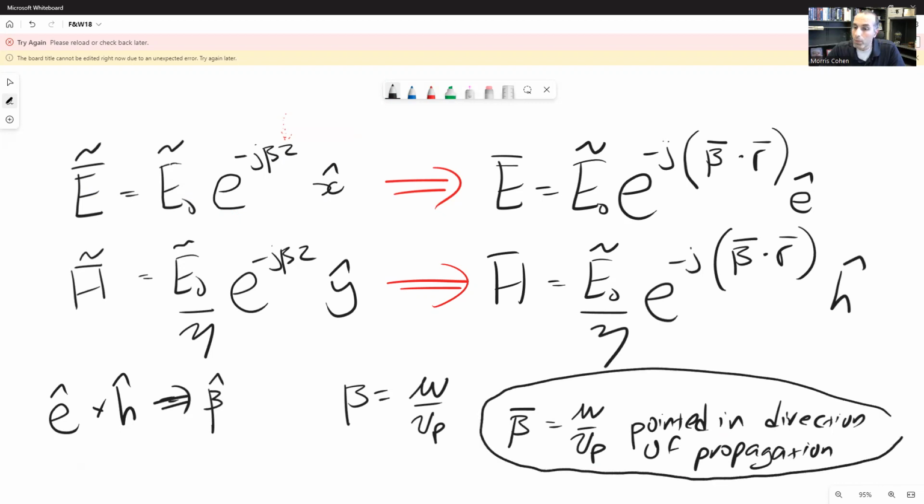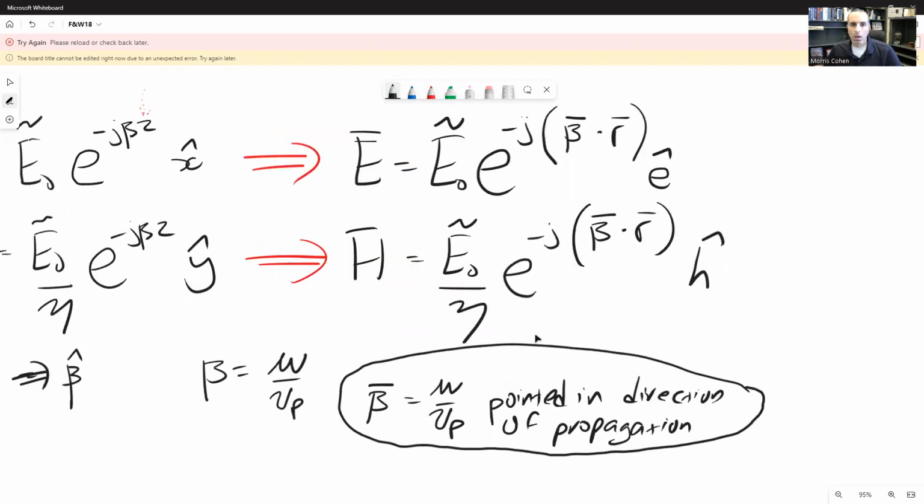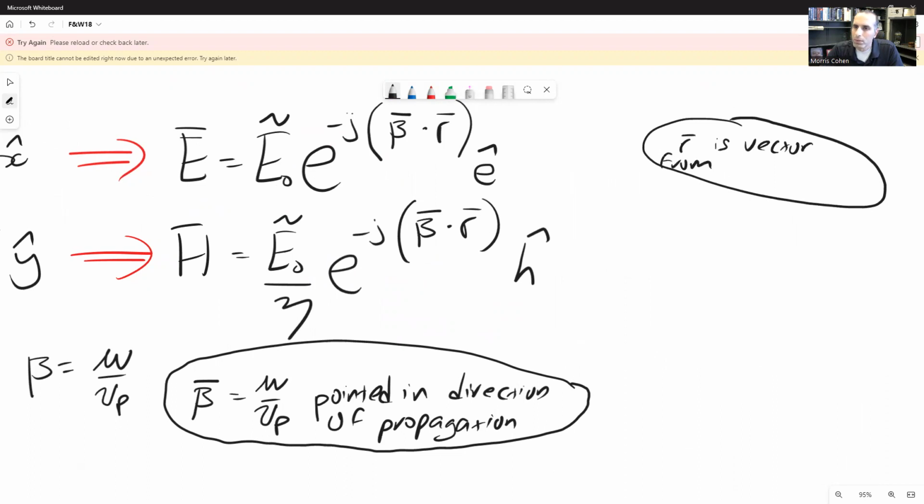It's equal to omega over Vp, that's the length, and it's going to be oriented in the direction of propagation. Okay, r is the vector of where we're trying to describe the electric field. So r is a vector from the origin to the observation point.